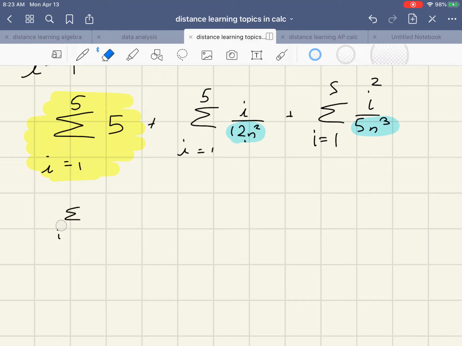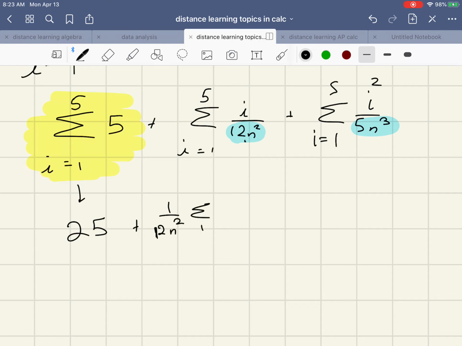Since they're in the denominator, I have to keep that in mind. You know what? I am going to call this 25, that's just a little quicker to write. So we know this is 25. And then on this next one, we're going to factor out that denominator, and we're going to factor out this denominator.